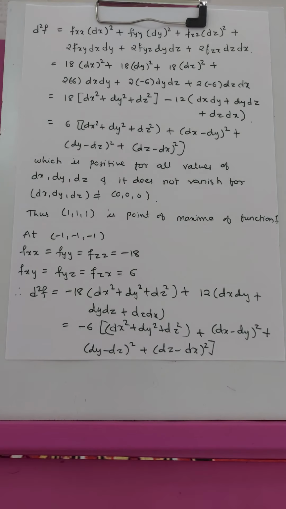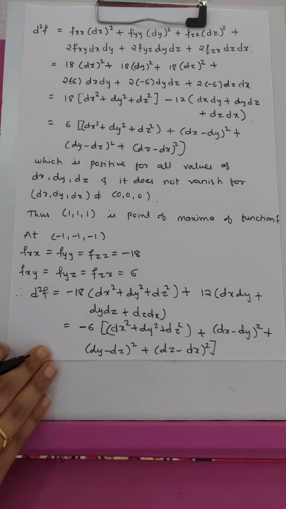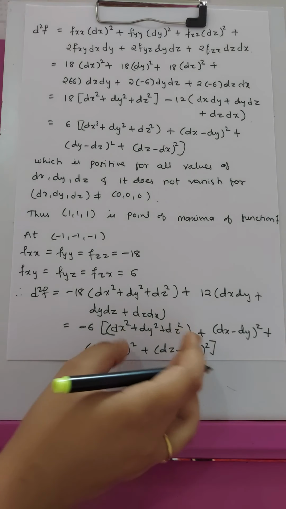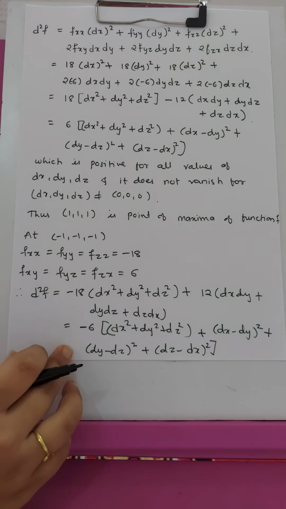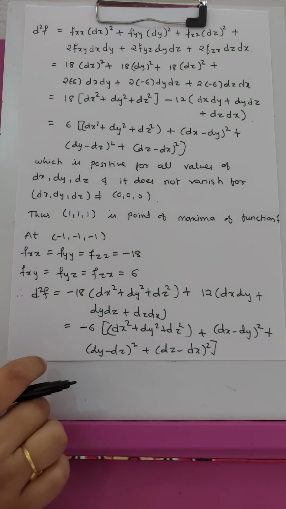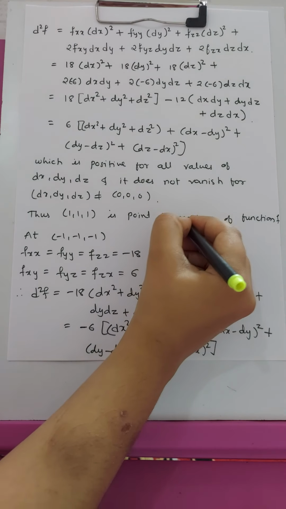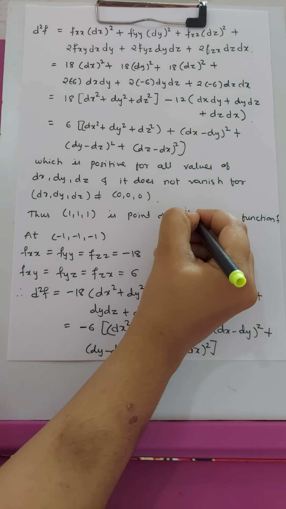So here this d2f is negative, since it is minus 6 multiplied by this whole term, which is negative for all values of dx, dy, dz, and it will never vanish. Here it will not become a maximum, it will become a minimum.